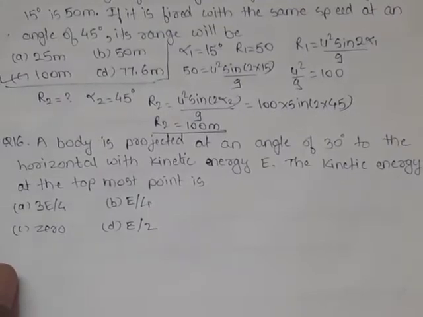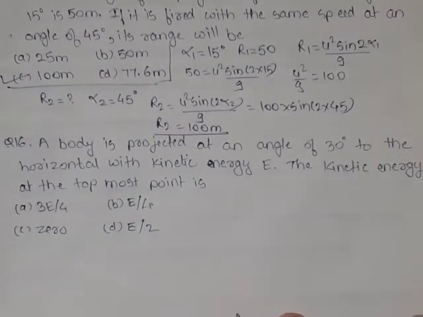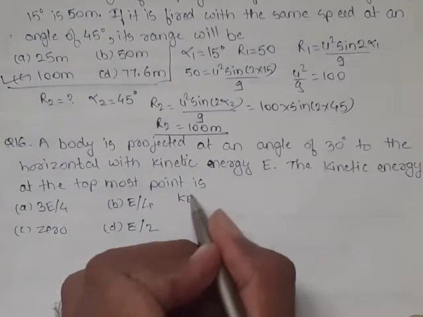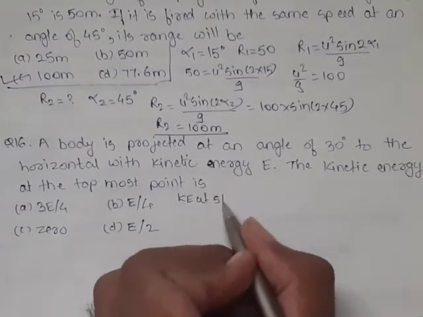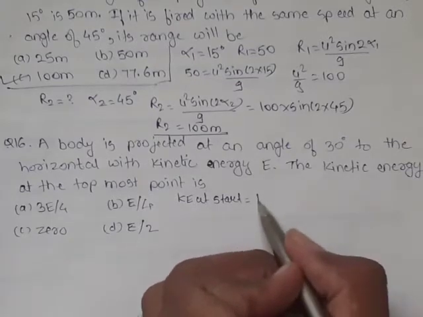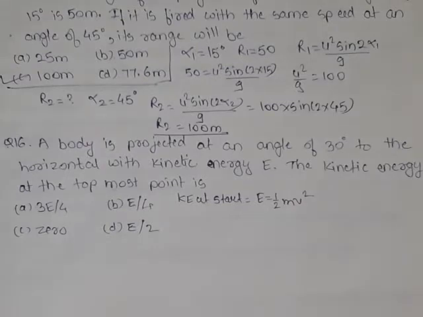Question 16. A body is projected at an angle of 30 degrees to the horizontal with kinetic energy E. The kinetic energy at the topmost point will be. So the kinetic energy at start is taken equal to E, which is 1/2 mv square.